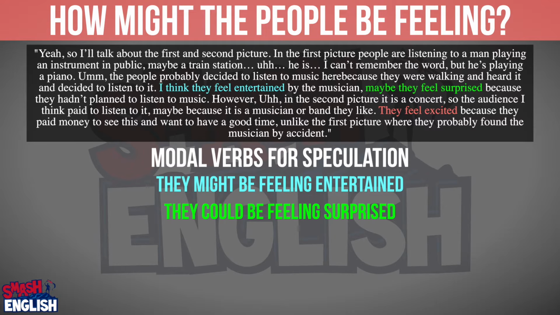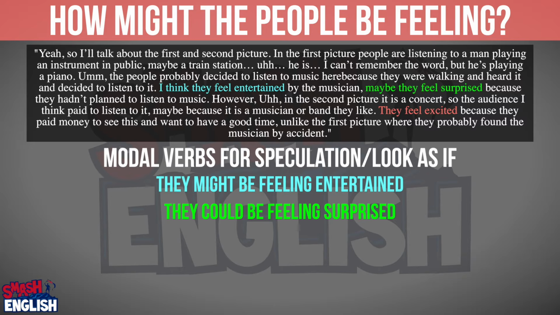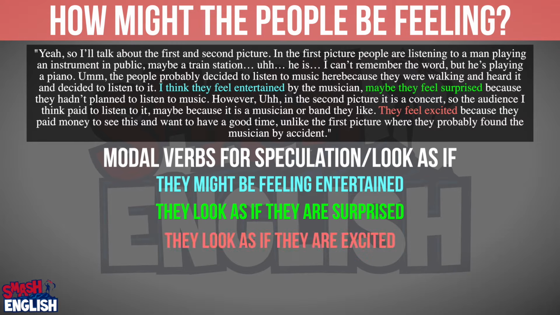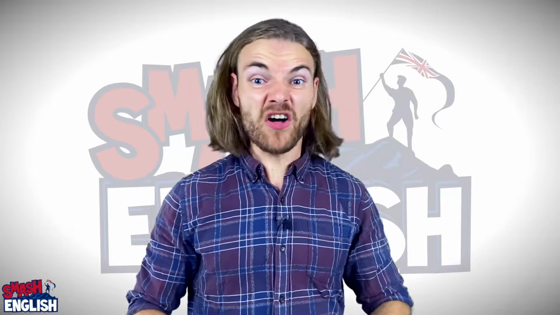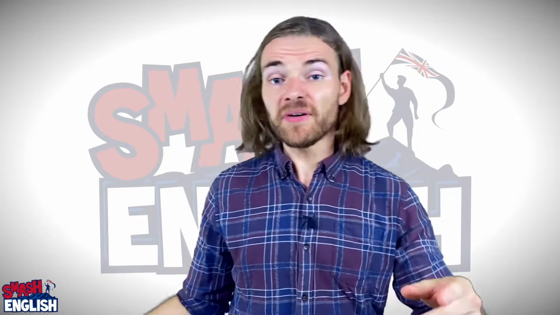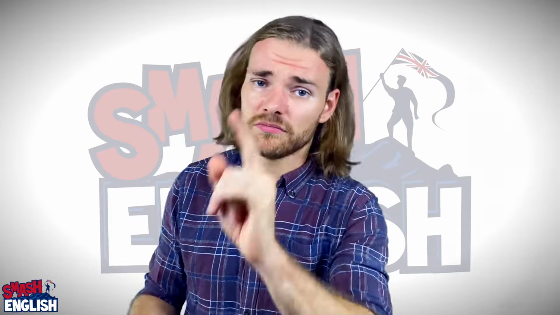Now remember, we are looking at a picture, so another good expression to use is look as if. So we could say, they look as if they are surprised, or they look as if they are excited. And you are studying for the C1 Advanced Cambridge exam, so you should know all about look as if. But if you don't, video right here.